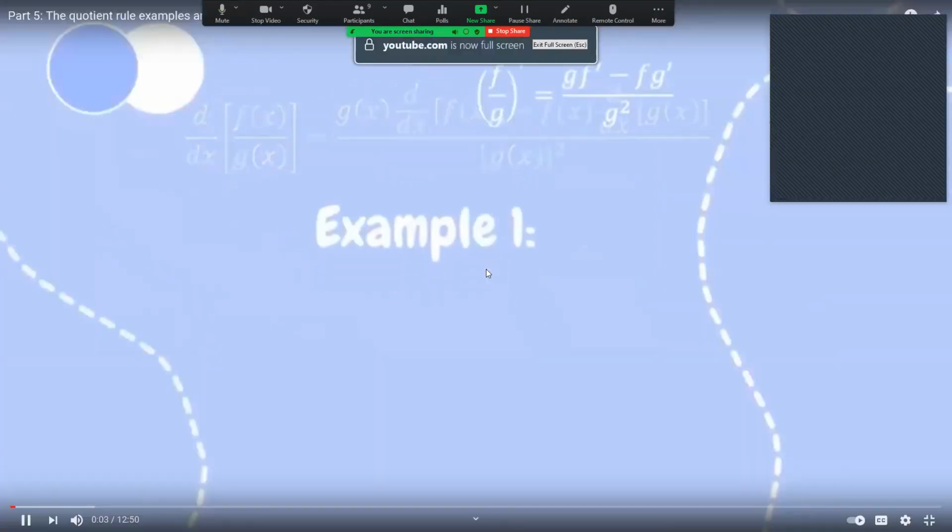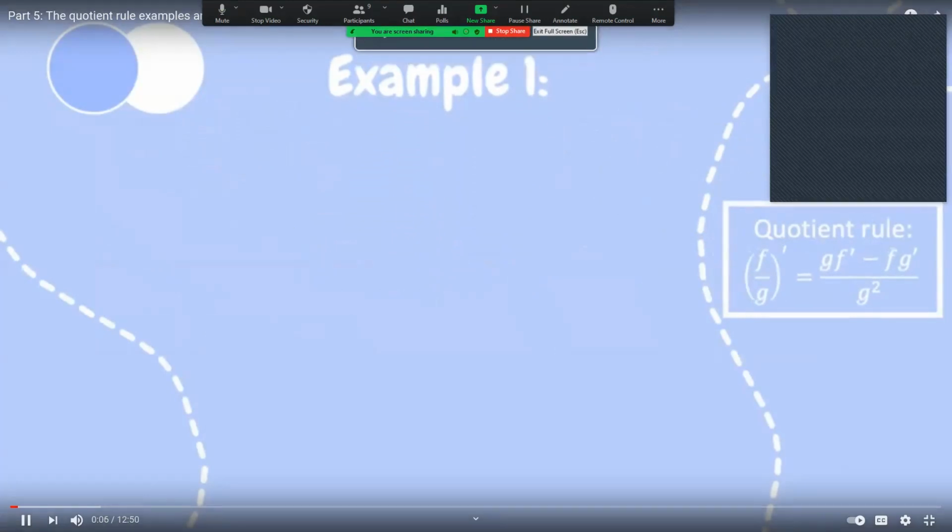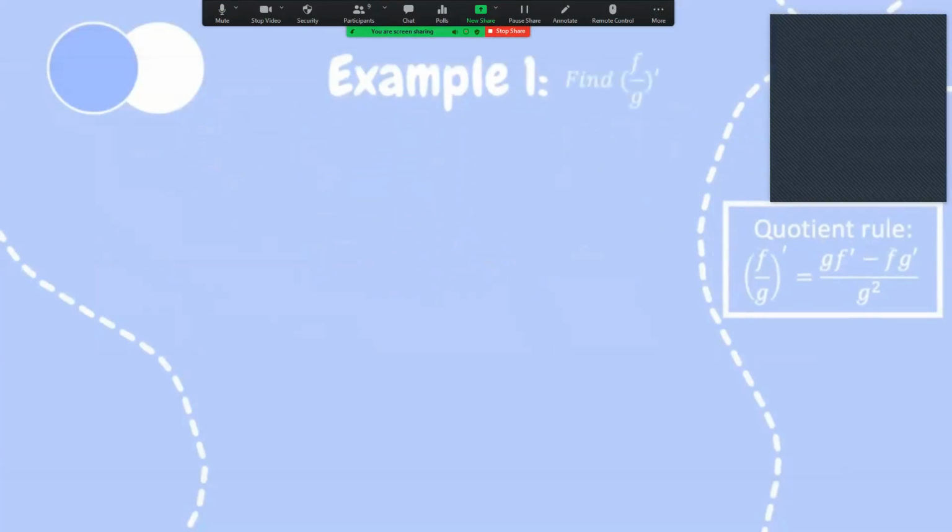Example 1. Find the derivative of f divided by g of 1 plus 2x divided by 3 minus 4x. So f of x equals 1 plus 2x. g of x equals 3 minus 4x. Okay, now we have to find the derivatives.